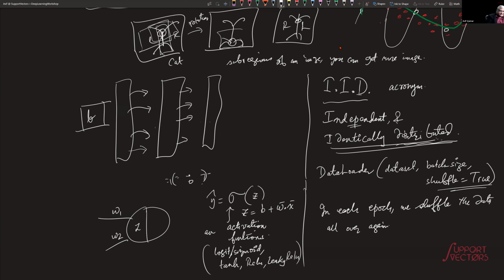So here you get z. z is a bias term, b plus W1 x1 plus W2 x2, which we succinctly write as b plus W dot x. And then you have this distortion function, the activation function, that distorts it in some way.